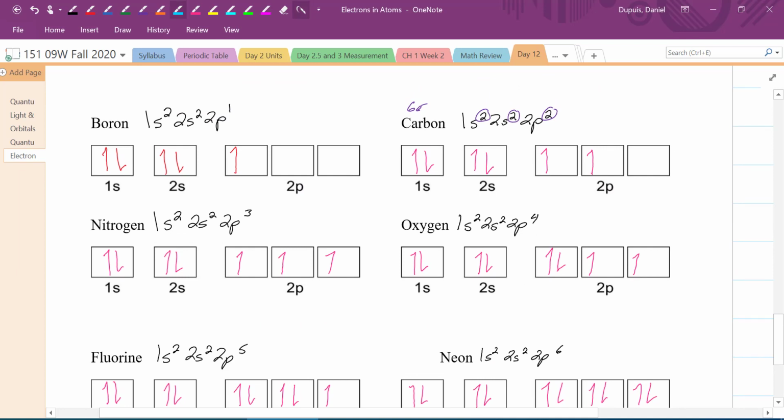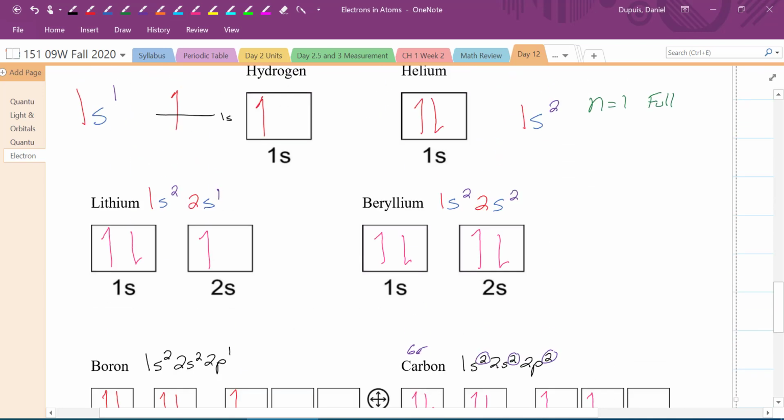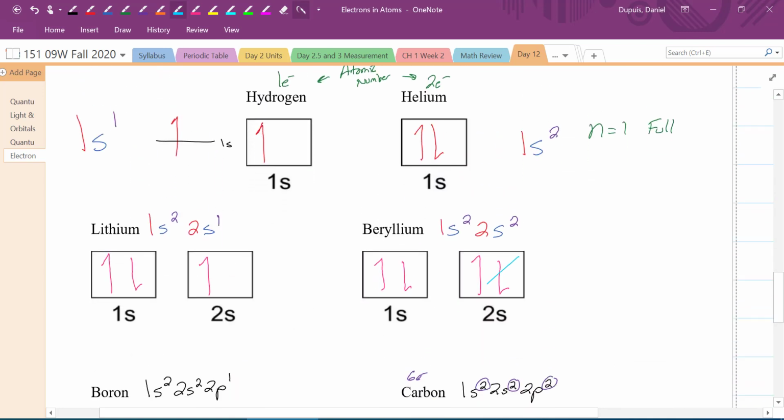Carbon could gain 4 electrons and look like neon, but it could lose 4 and look like helium. Boron could lose 3 and look like helium. Beryllium could lose 2, Be+2, and look like helium. Lithium could lose 1 and look like helium. Helium is helium. Hydrogen can lose 1 or gain 1. It tends to lose 1 more, actually.